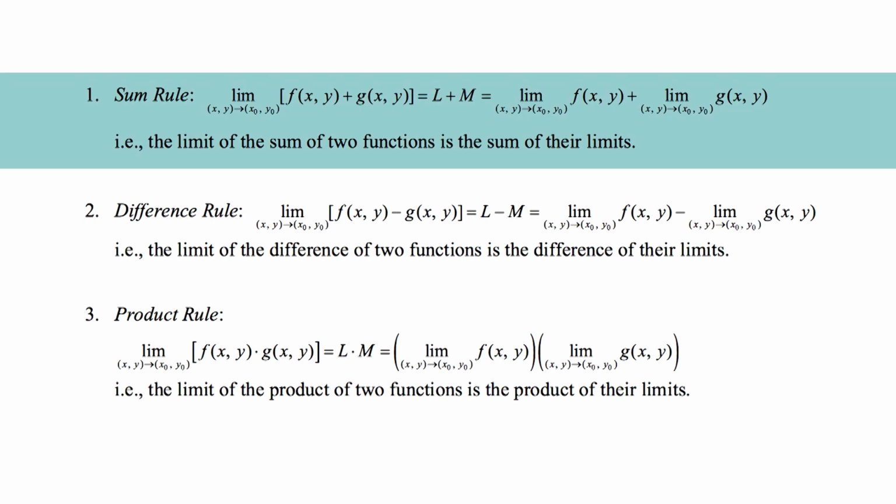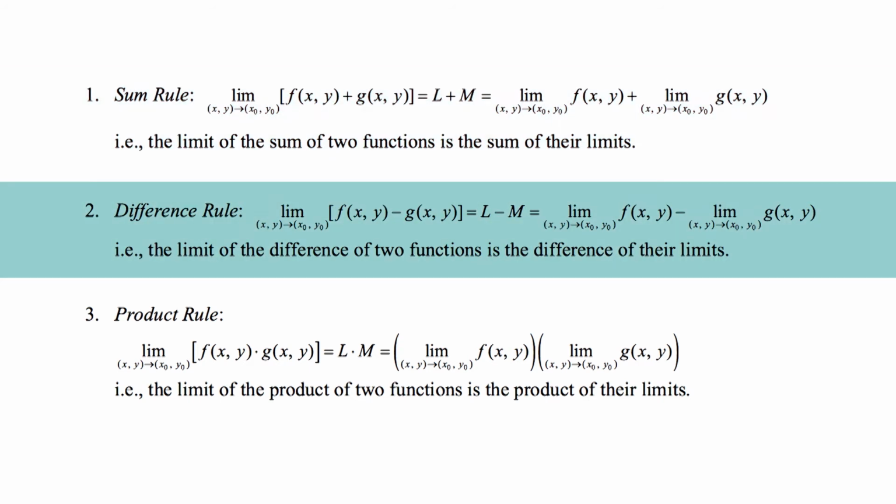Sum rule: the limit as (x, y) approaches (x₀, y₀) of f(x, y) + g(x, y) is equal to L + m, which is equal to the limit of f(x, y) plus the limit of g(x, y). That is, the limit of the sum of two functions is the sum of their limits.